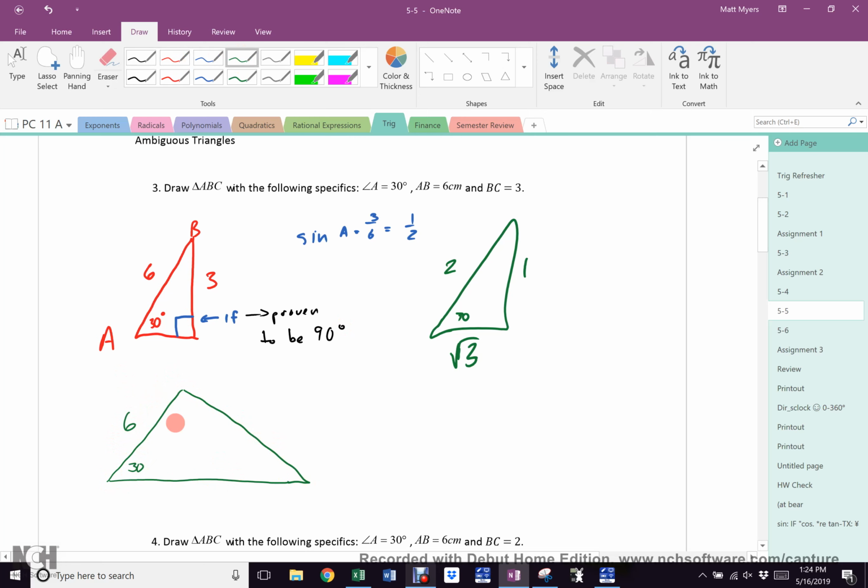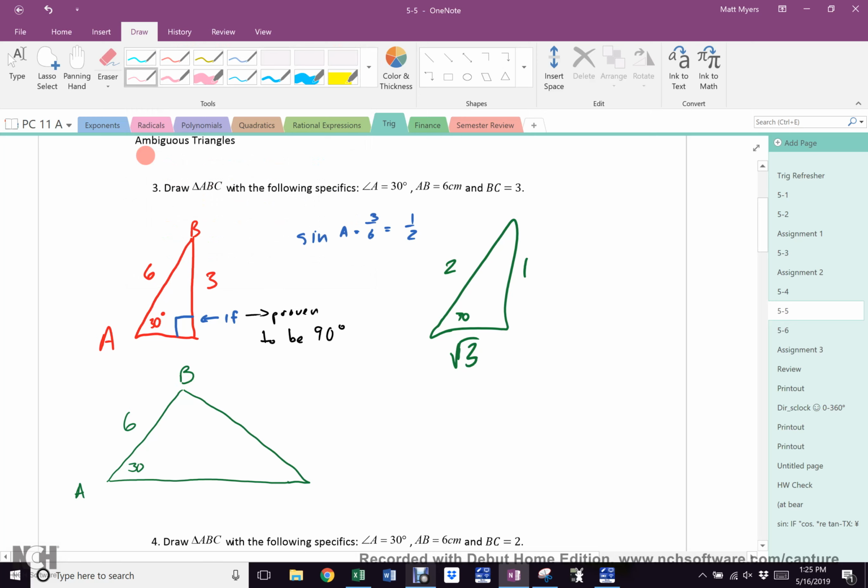Now, we are going to take what we already know. Now draw this triangle. Can I do any trig with this? Can I do any trig with this triangle yet? No. What would I have to do to do trig with this triangle? I would have to either get another side, so I could use sine law, or do what?